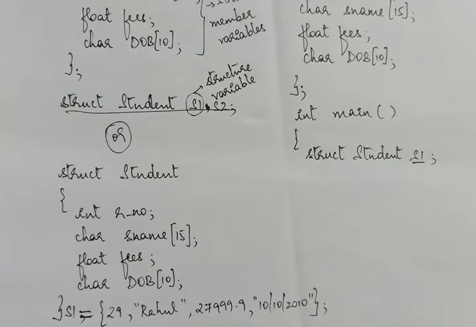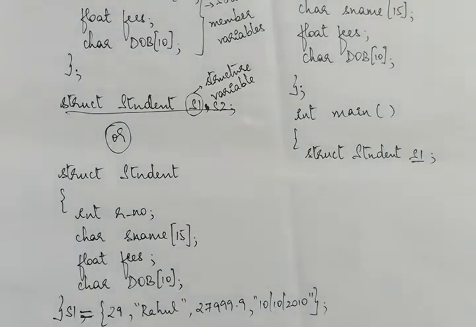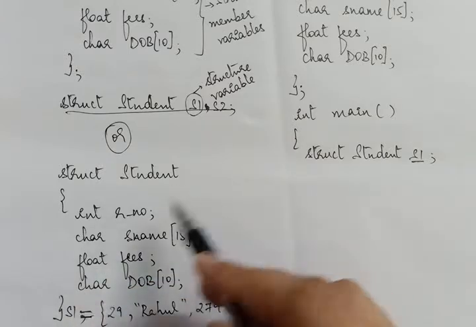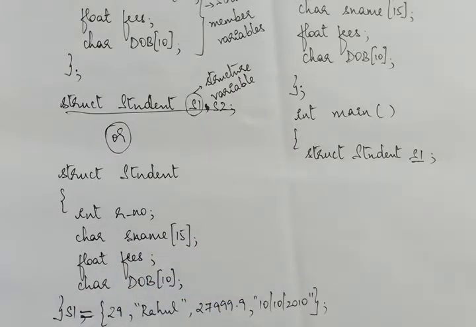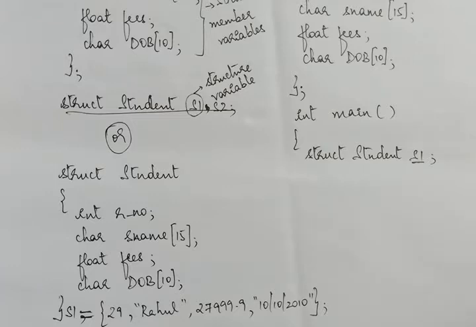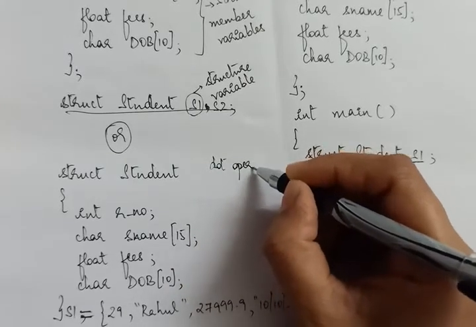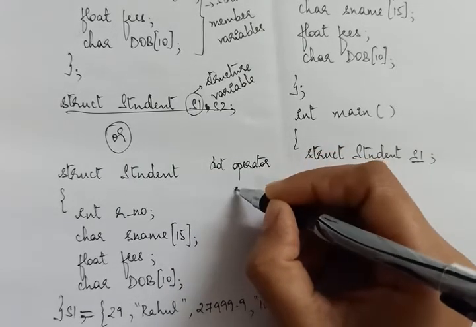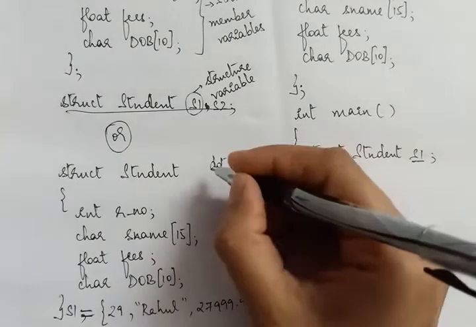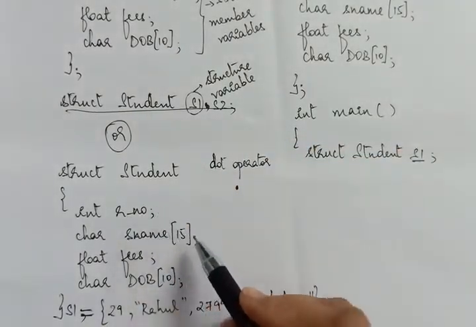Say if it is dynamic, that is, the user has to enter the values to these member variables, you will have to access them with the dot operator. Okay, the dot operator is used to access these members.